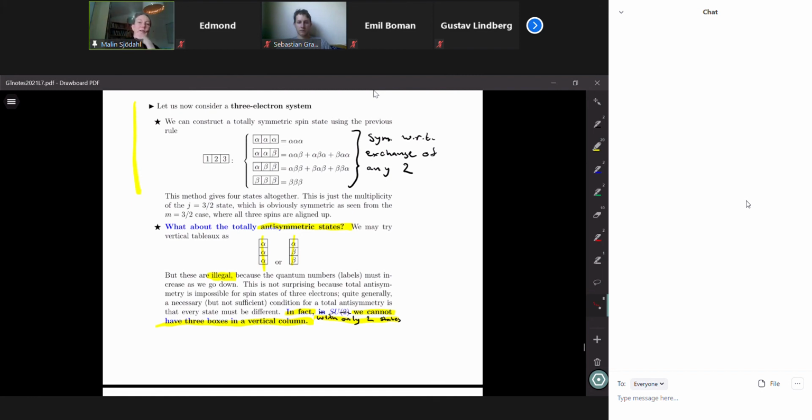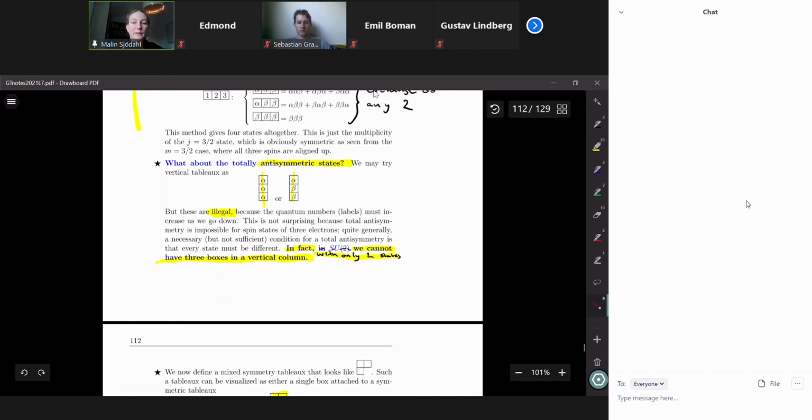So it is not possible with only 2 labels to antisymmetrize 3 particles. I get 0. So in general, with only 2 states, one cannot have 3 boxes in a vertical column.